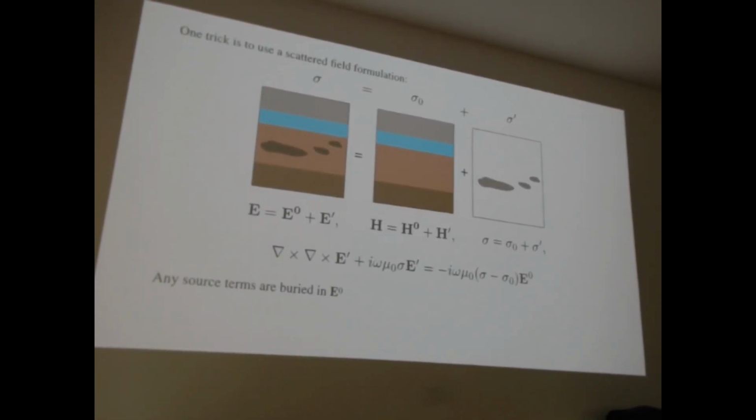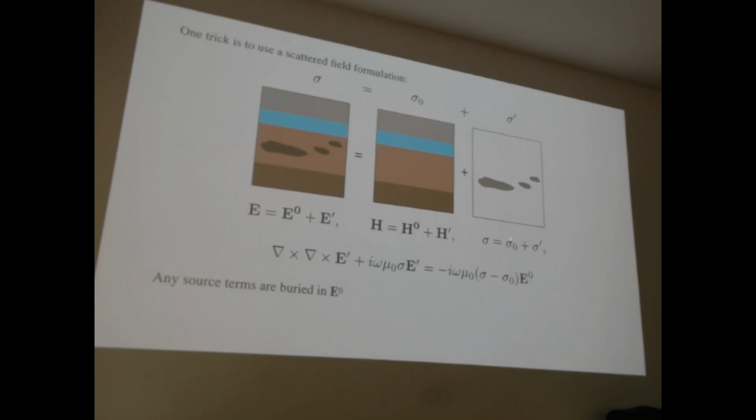There are some other tricks. If you've got a complicated model in a one-dimensional background, you can divide it into two bits: the one-dimensional background, which you've already solved for E and B in, and the difference.